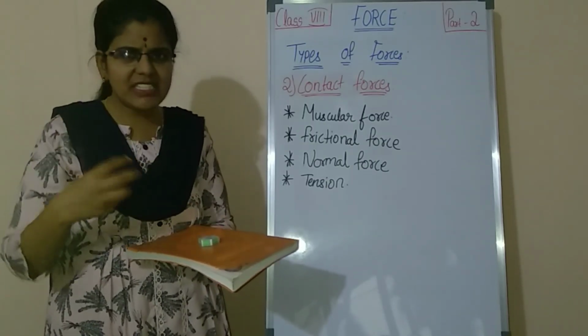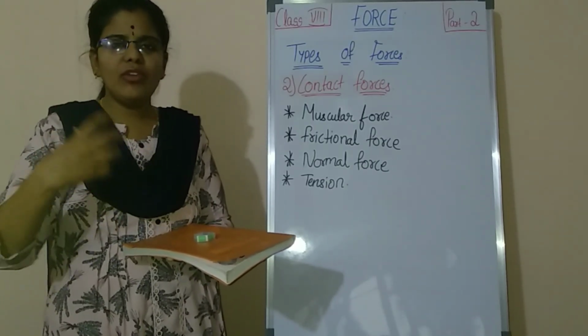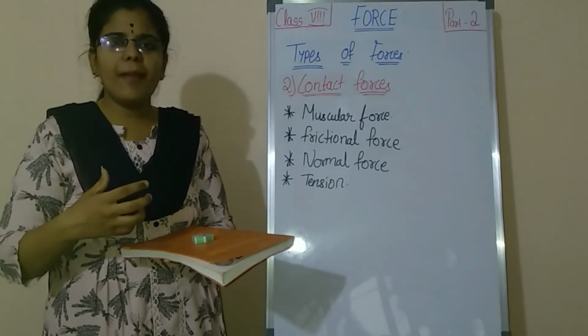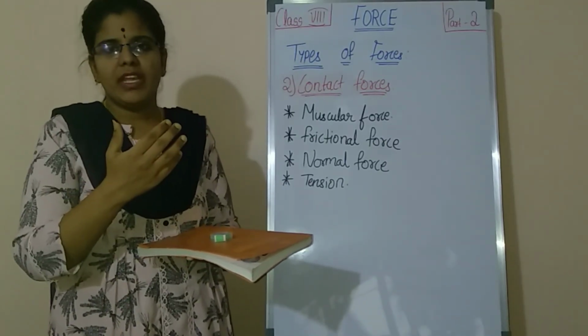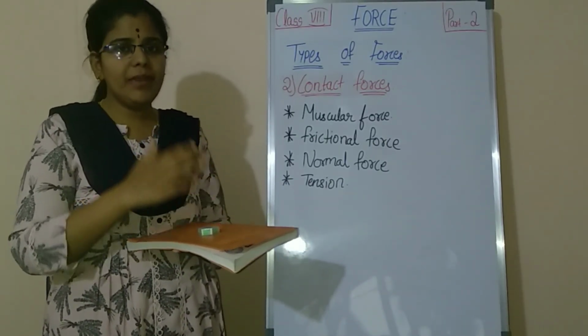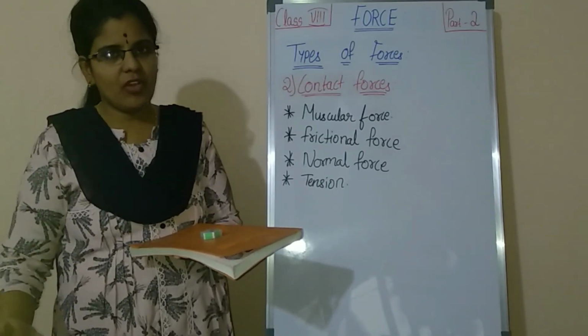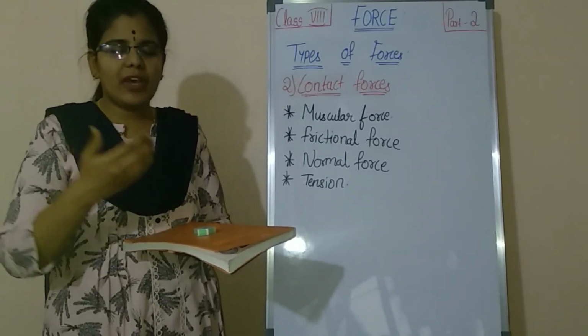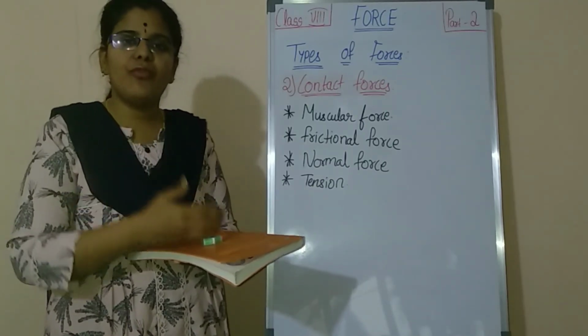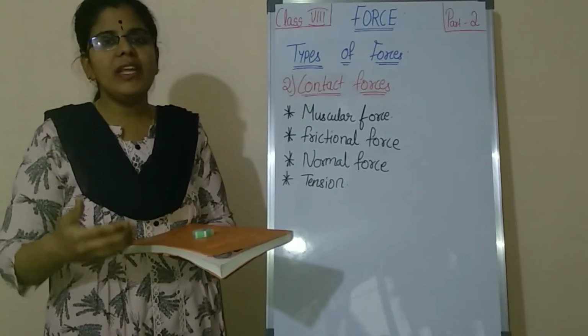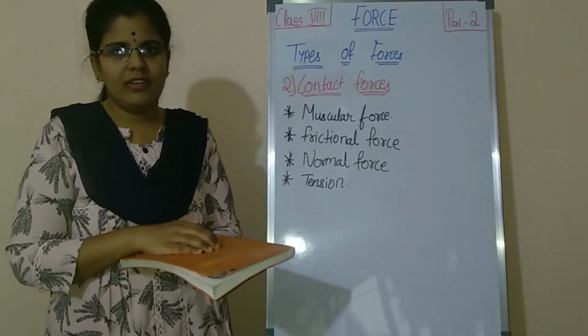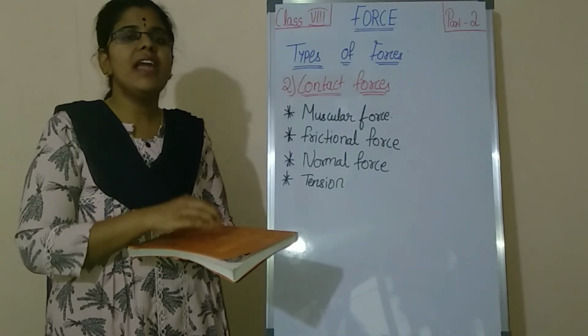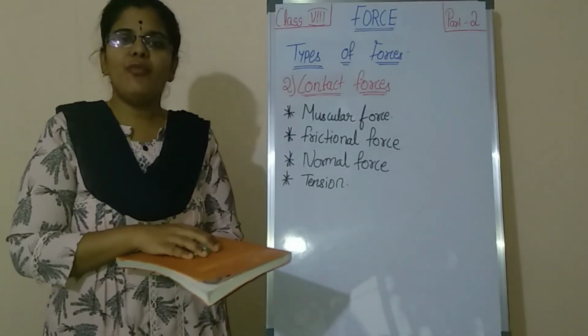And even if you are standing, if we don't have any friction, then what happens? We will slip away. That's what is not happening, because the earth which is in contact with us is providing the frictional force. That's why we are held to the ground. Understood? So this is what the frictional force is.